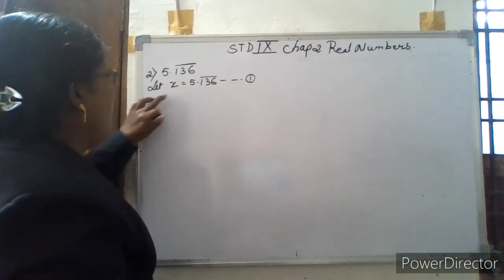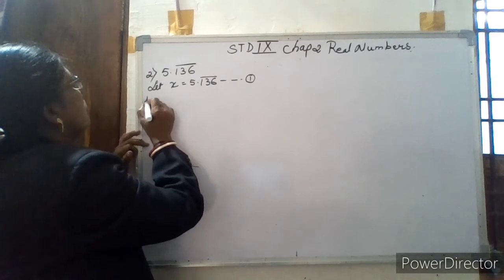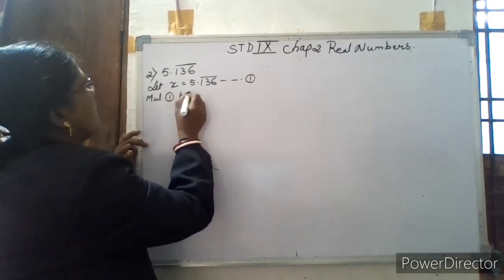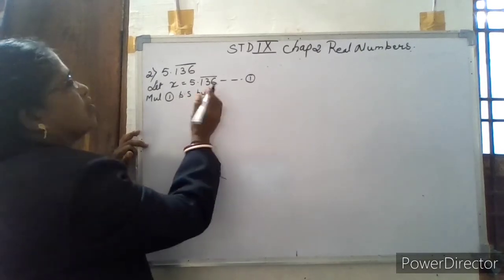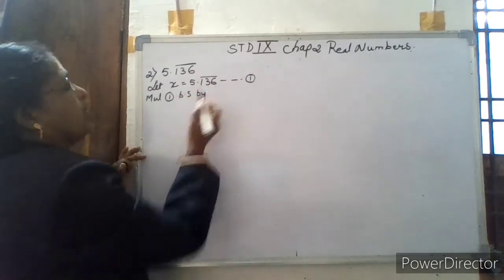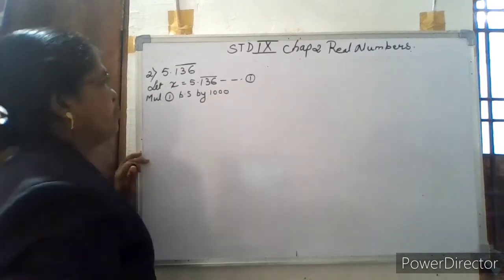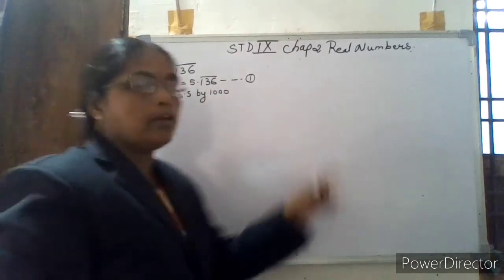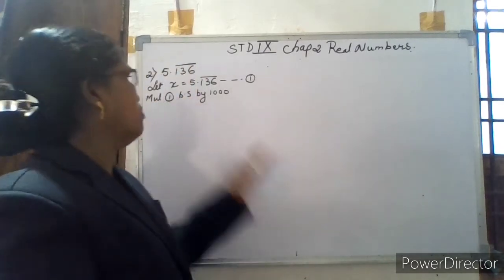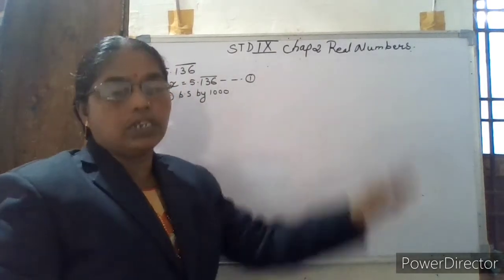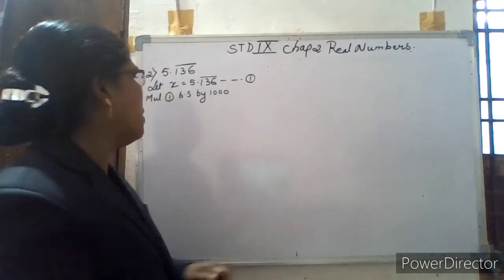Now we have to multiply both the sides of equation 1 by 1, 2, 3 digits are recurring, so multiply by 1000. If 1 digit is recurring, multiply by 10, 2 digits recurring, multiply by 100, 3 digits recurring, multiply by 1000, 4 digits recurring, then multiply by 10,000 and so on.